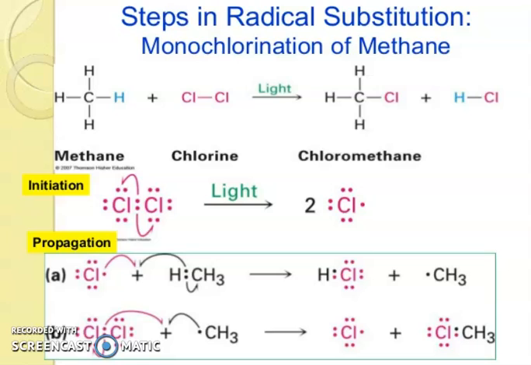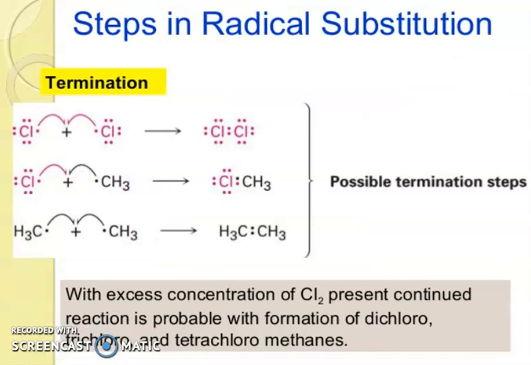Steps in radical substitution, monochlorination of methane. So methane reacts with chlorine in the presence of light, forming chloromethane. So initiation, chlorine radicals. Propagation, you have the methyl chloride, you have hydrochloric acid, and then you have the methyl radical and chlorine radical.